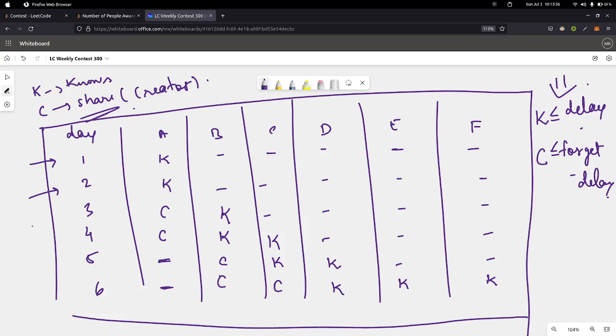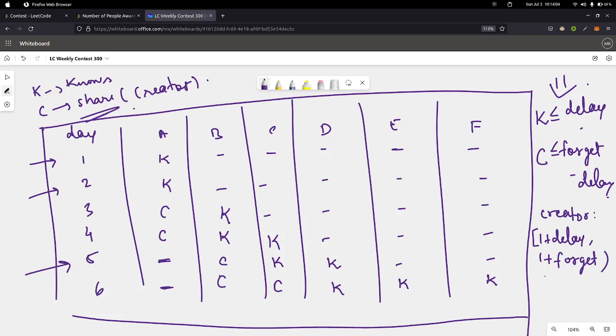So this value represents 1 plus delay. So he's being a creator in this range: closed interval 1 plus delay, comma, till 1 plus forget, because 1 plus forget will represent this value. So closed interval 1 plus delay, comma, 1 plus forget, open interval.